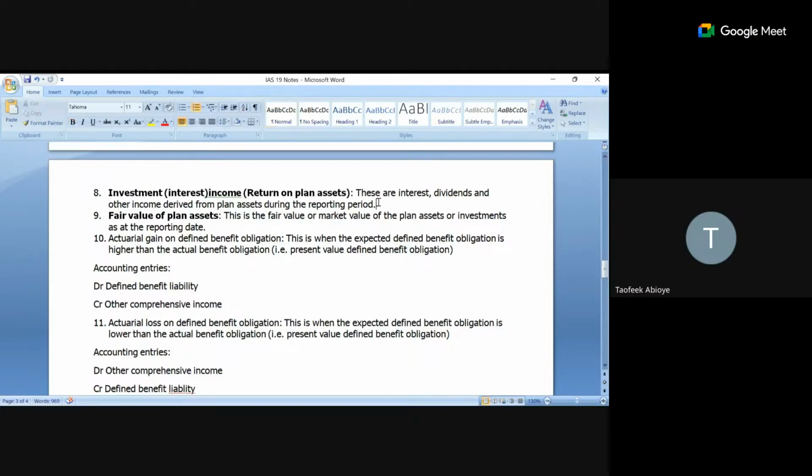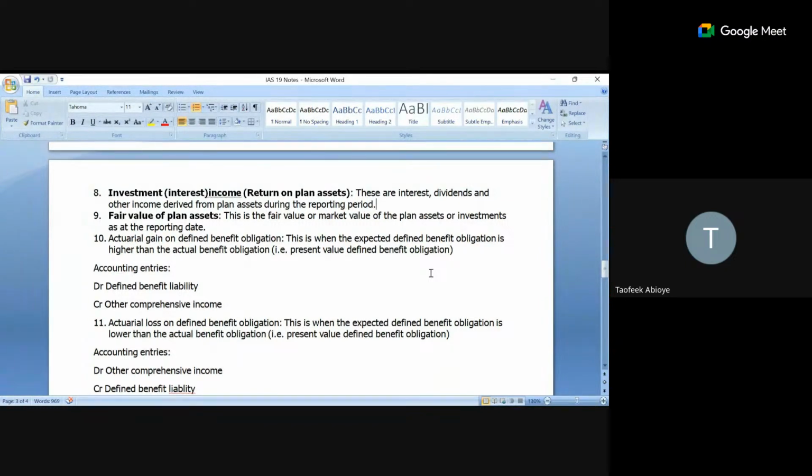So when you invest in a plan asset, you are going to generate interest or dividend. That will increase the value of your plan assets, which is defined benefit assets. So defined benefit asset and plan asset are the same thing.